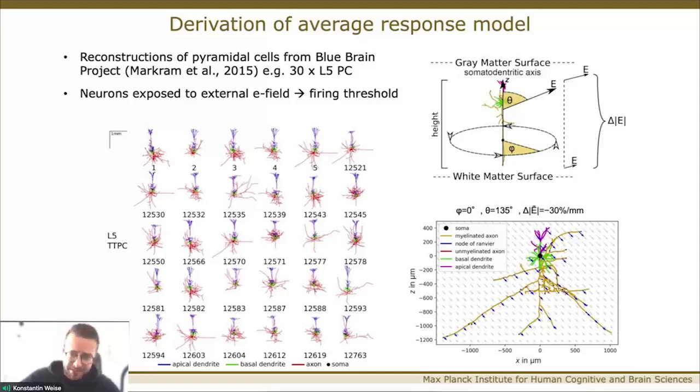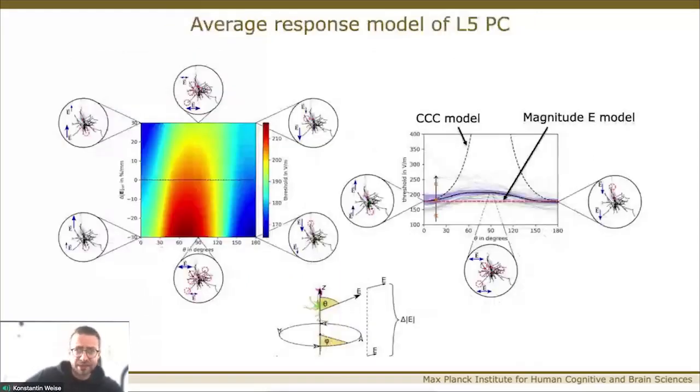Next slide, please. On the left, you see the result we get for the average map of layer 5 pyramidal cells. On the x-axis, you see the theta angle with respect to the somatodendritic axis, and on the y-axis, you see the electric field drop.